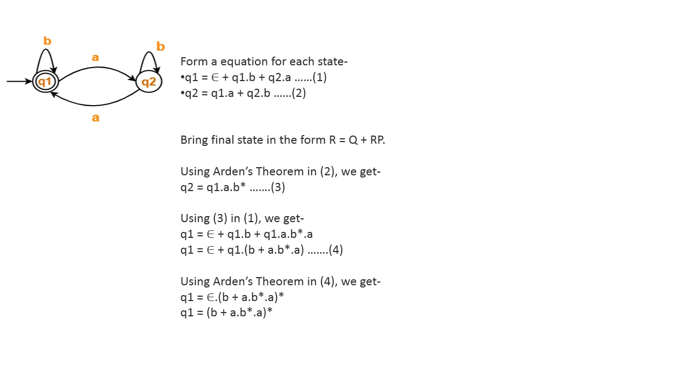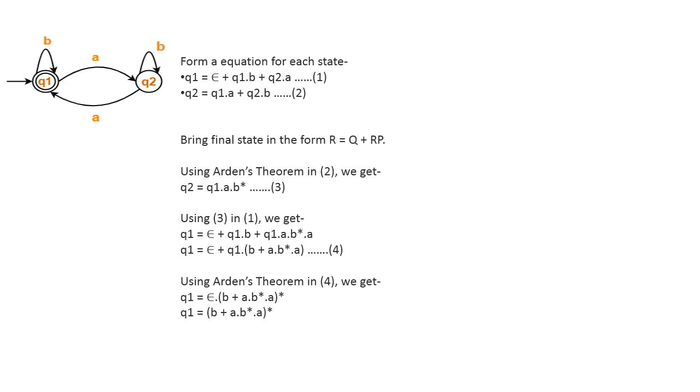So you have to know, if you want to apply the Arrhenius theorem, then the equation should be in the form R is equal to Q plus RP. Then only you will get the unique solution R is equal to Q into P star.